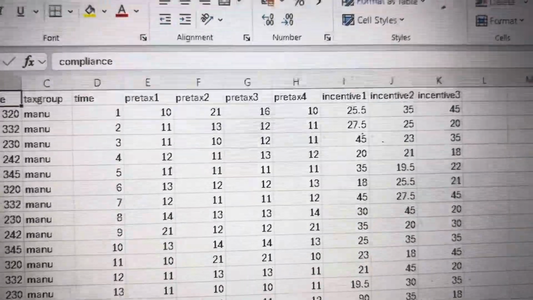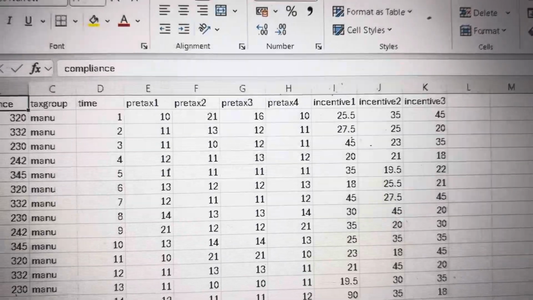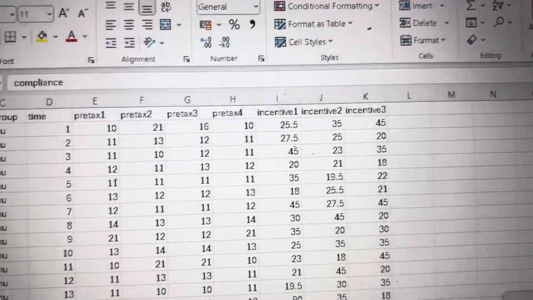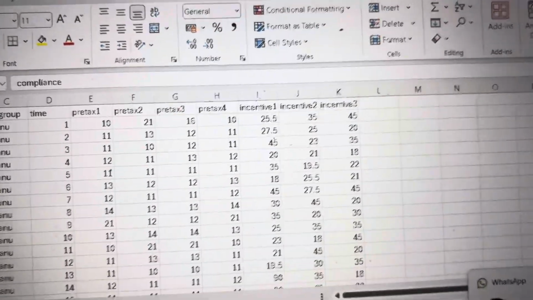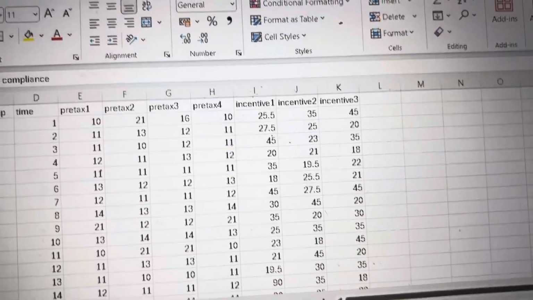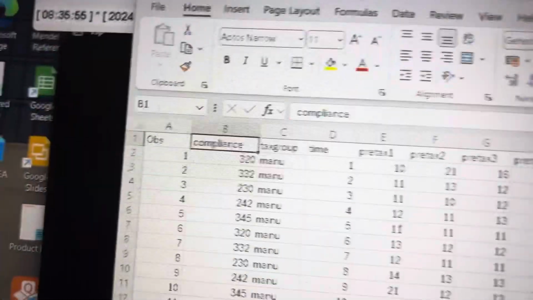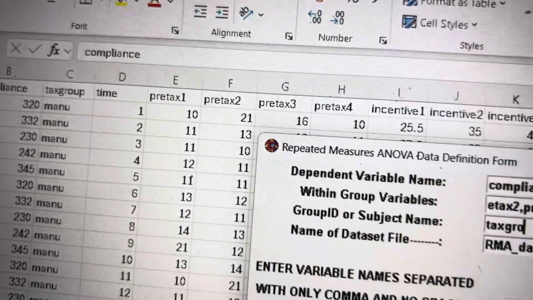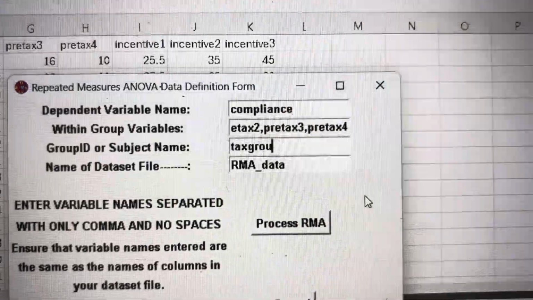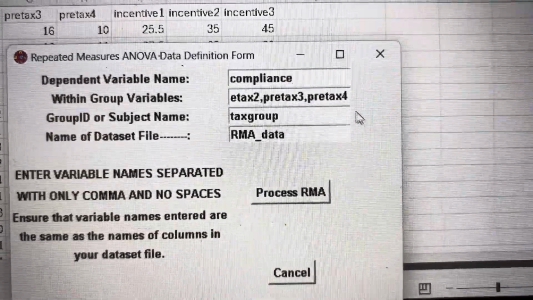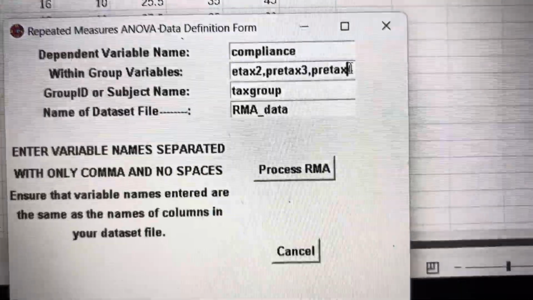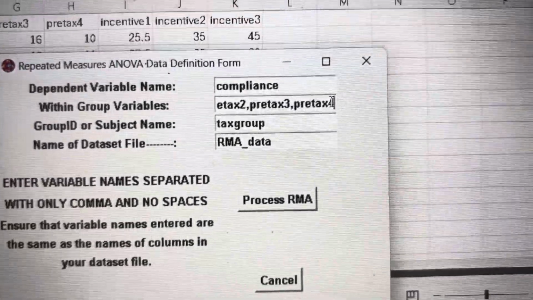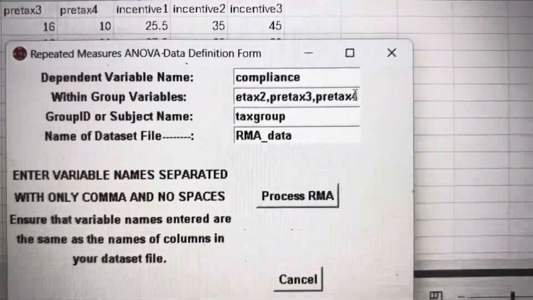Let us finish with this one, unless maybe we can also add the incentive 1, incentive 2 to the campaigns and see how everything pans out. Now the task group is GRP.